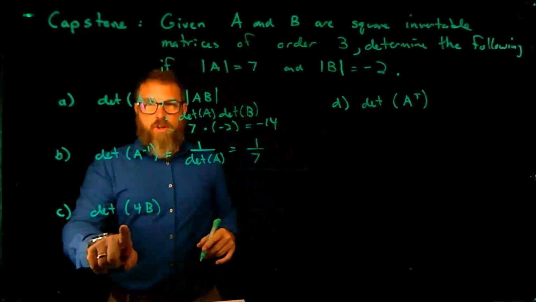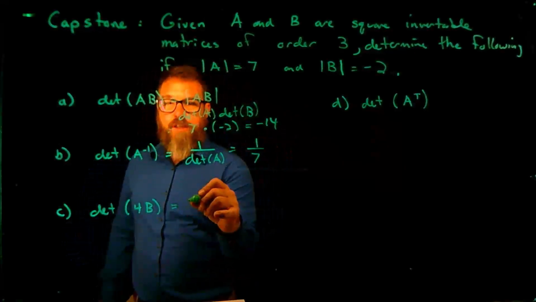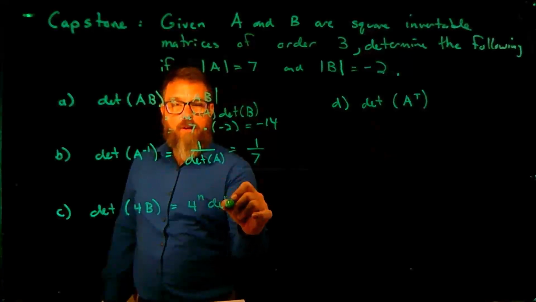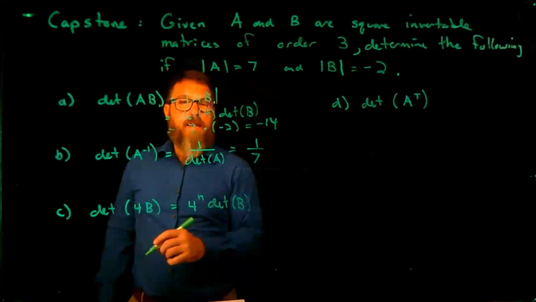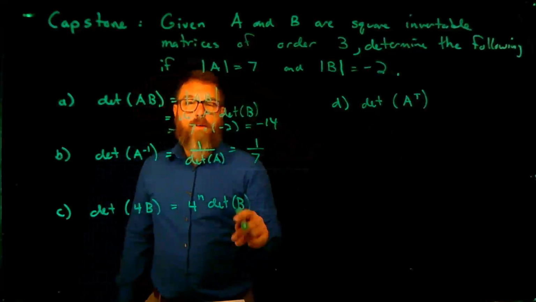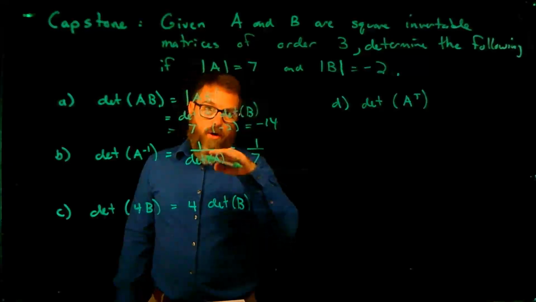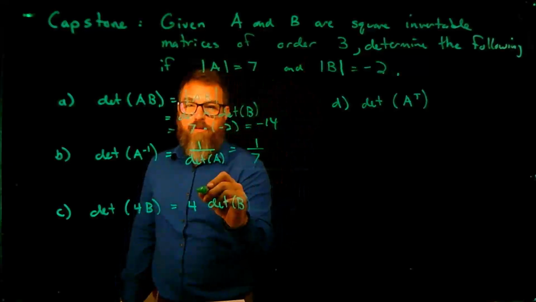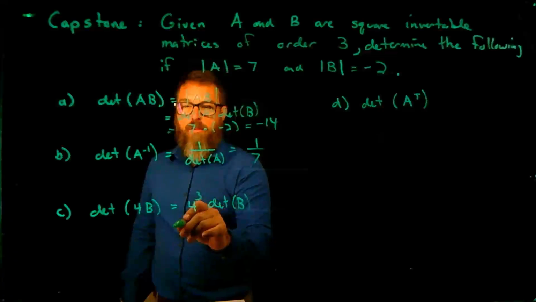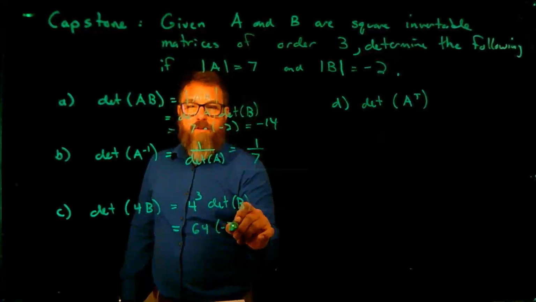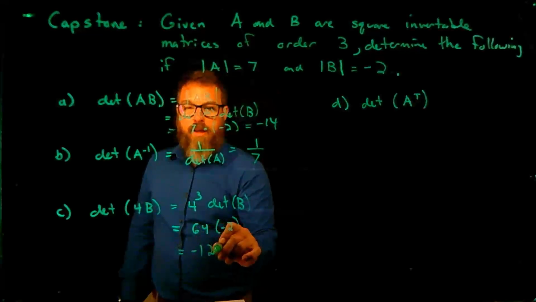If I want to find the determinant of 4B, well, I know that this is going to be equal to 4 to the nth power times the determinant of B, where n represents the order of the matrices, because really all I'm going to do is factor 4 out of all 3 rows, because this is a 3x3, so this is 4 cubed times the determinant of B, so 64 times a negative 2, which is going to be equal to minus 128.